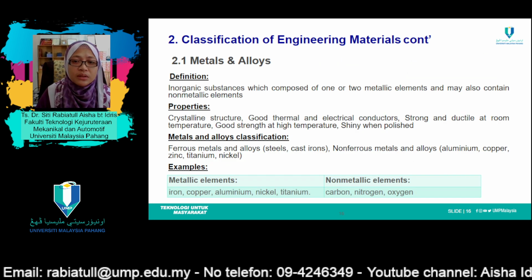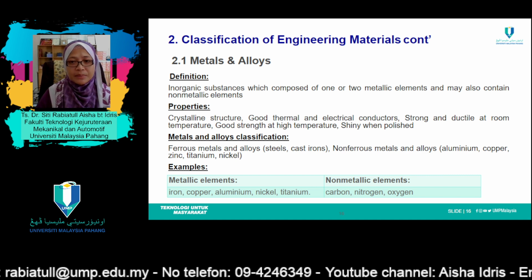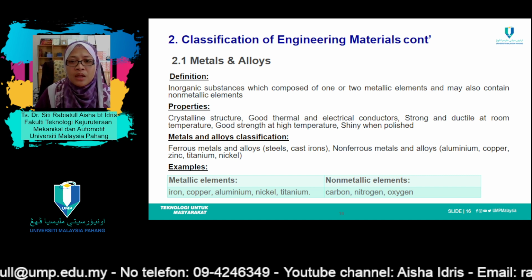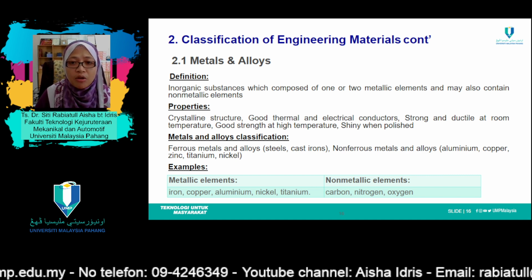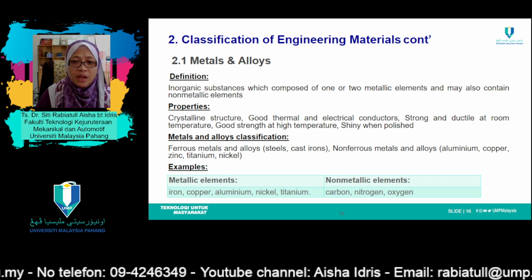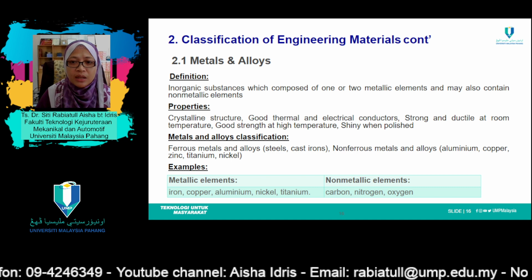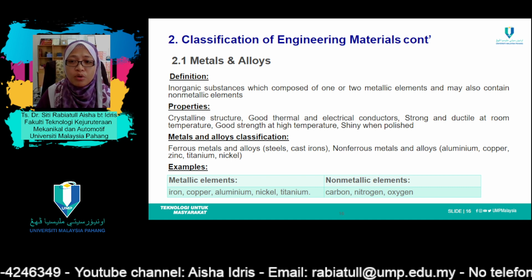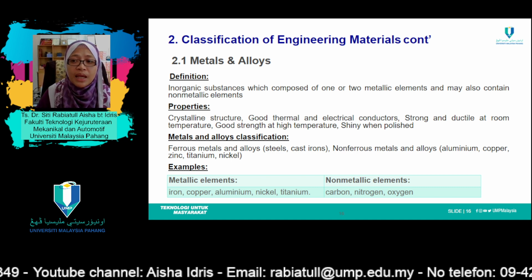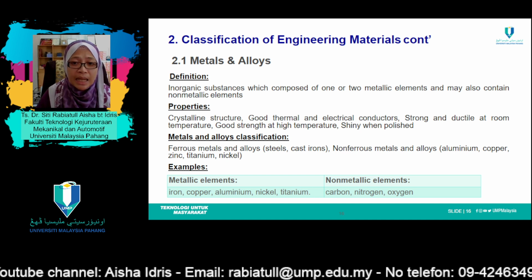Now let's look at the definition of each type of material. Number one is metals and alloys. What is metal and alloy? It is actually an inorganic substance composed of one or more metallic elements. It may also contain non-metallic elements.